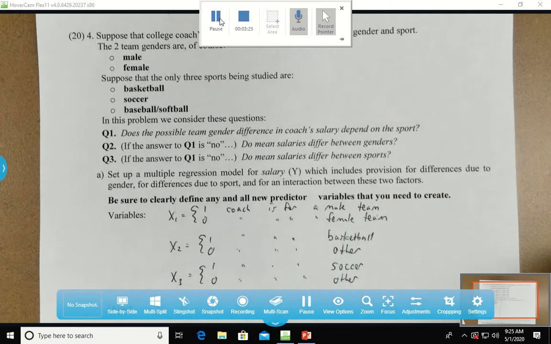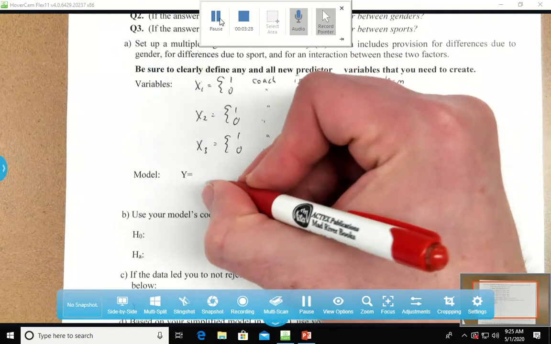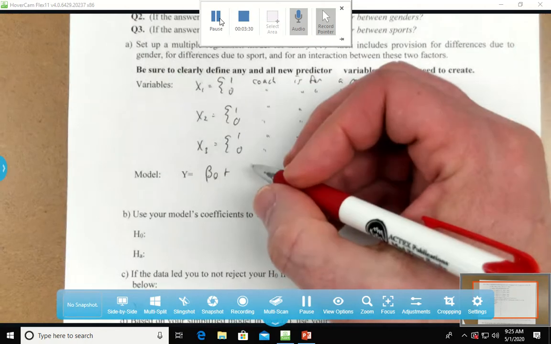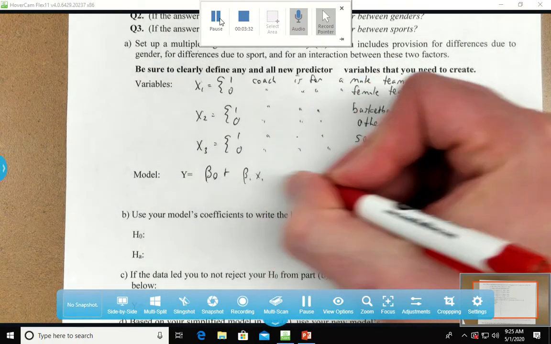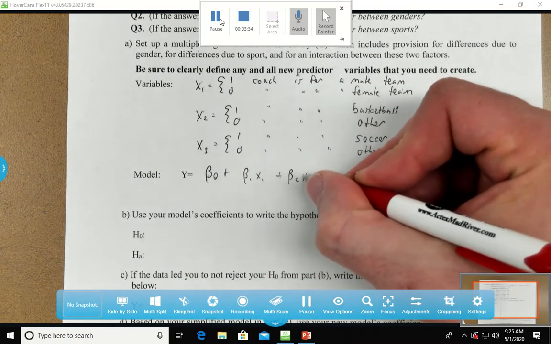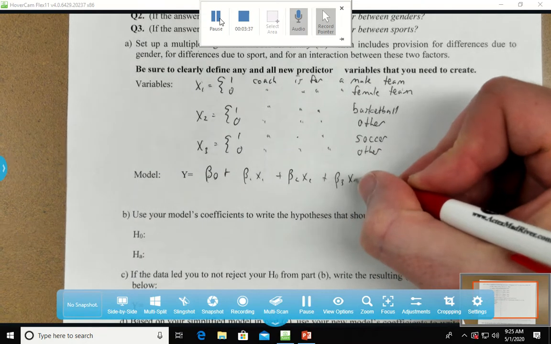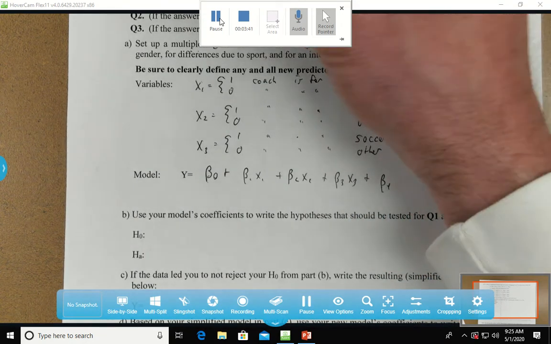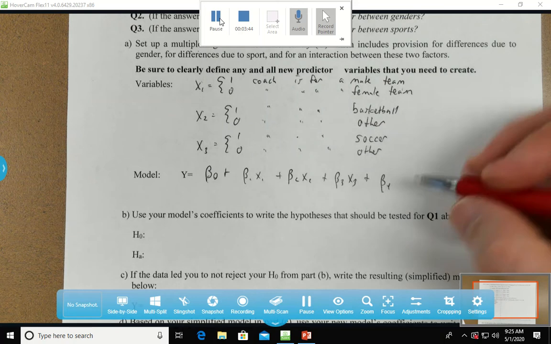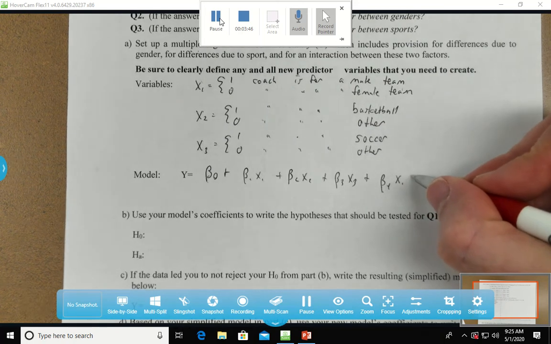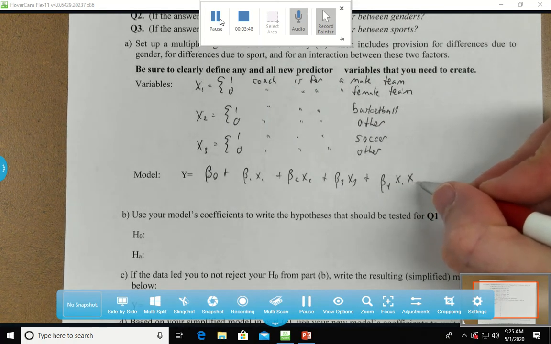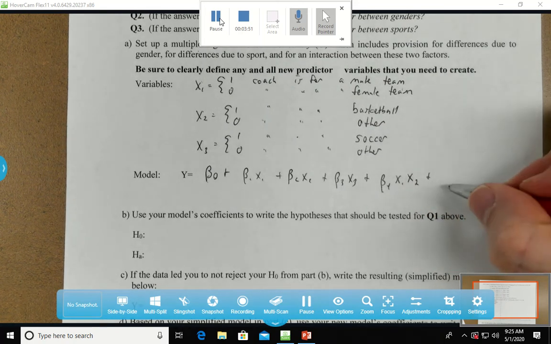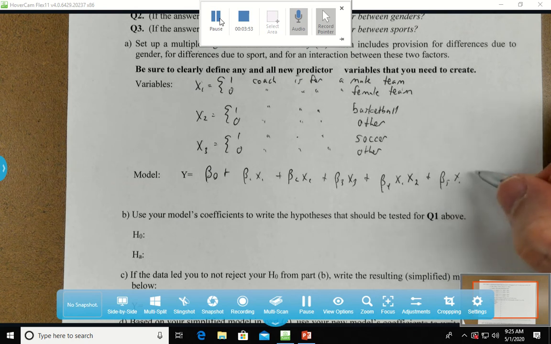So our model will be equal to beta naught plus beta 1 x1 plus beta 2 x2 plus beta 3 x3, but now we need the interaction terms, plus beta 4 for the interaction between males and basketball, x1 x2, and then beta 5 for the interaction between males and soccer, x1 x3, plus an epsilon.